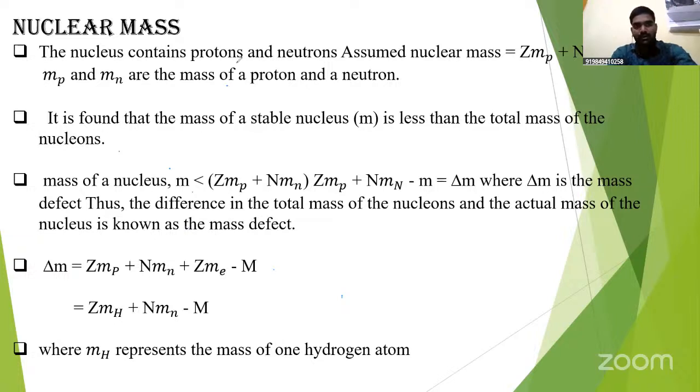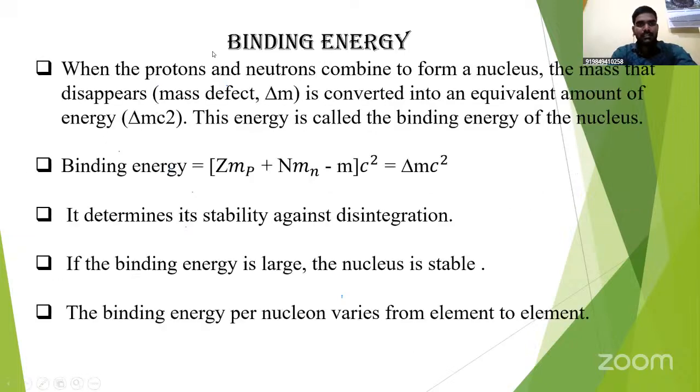So now the binding energy. When protons and neutrons combine to form a nucleus, the mass disappears.